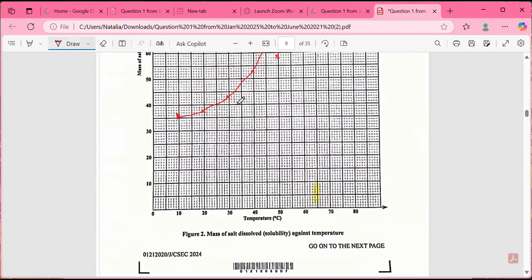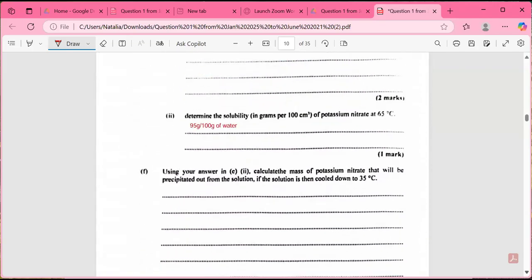So 35 is going to be right here. This looks, for me, two small boxes from 50. So that would be 48. So the solubility at 35 is 48.